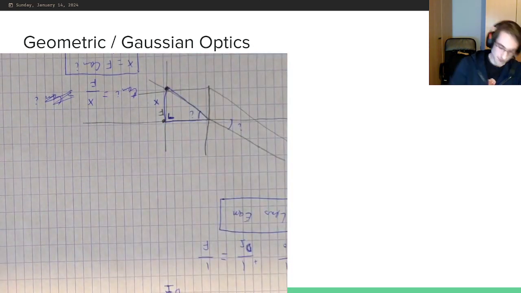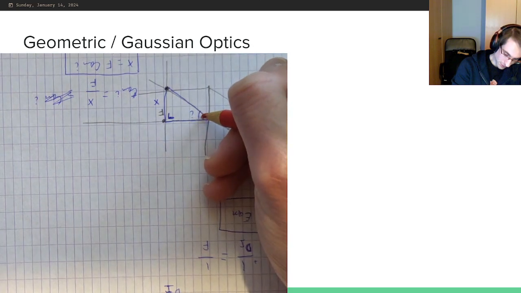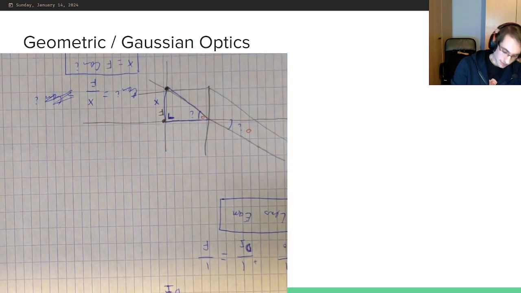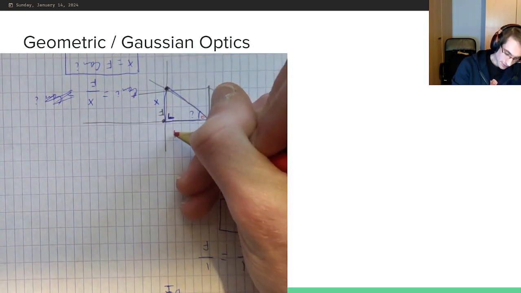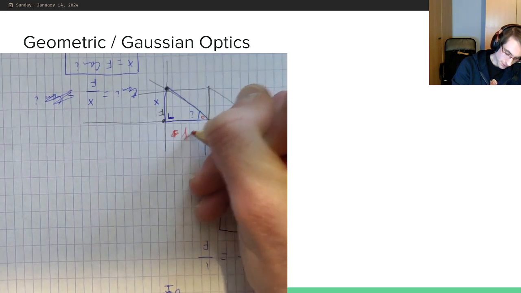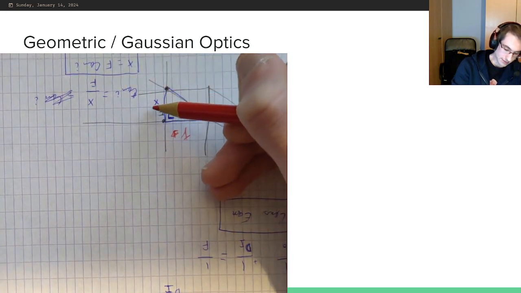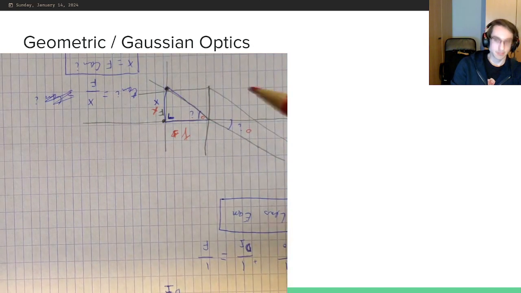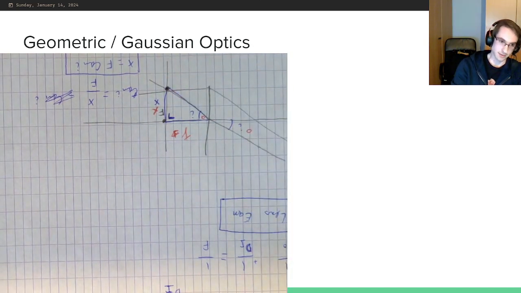And now I'm going to write this in red. Now this angle is going to be O, and this angle is also going to be O. The focal length is now going to be small f prime, and the height x is the same because this is the same focused light that entered the telescope.